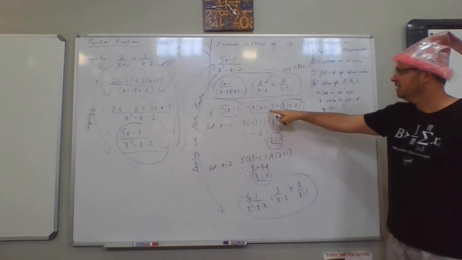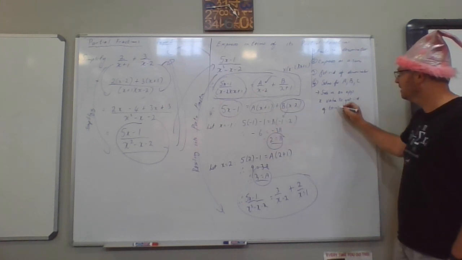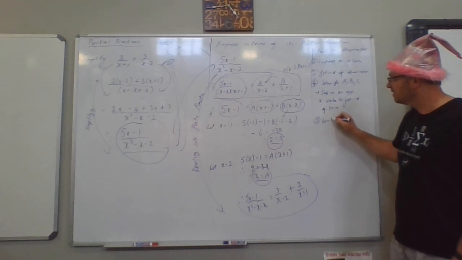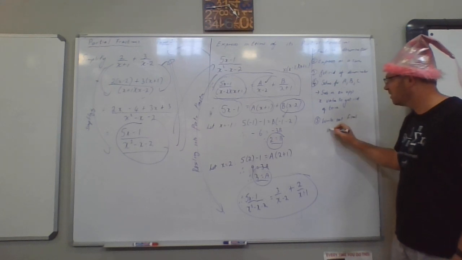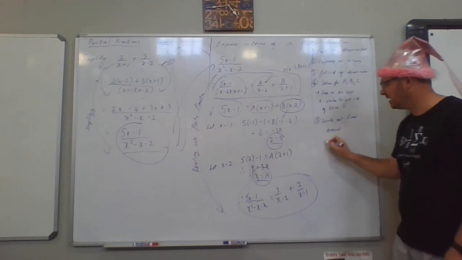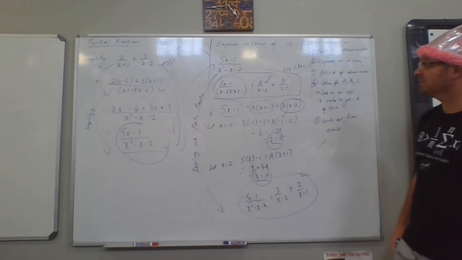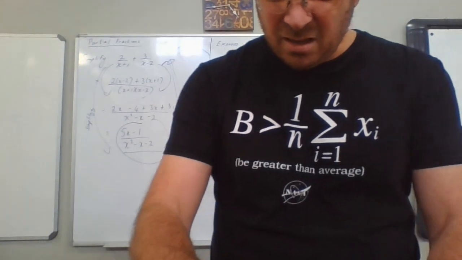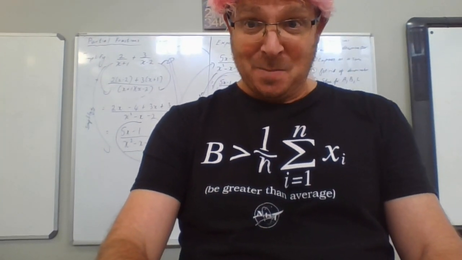So we subbed in -1 to get rid of the A, and we subbed in 2 to get rid of the B, and that helped us to solve. And don't forget to write out your final answer. Write out that final last step, otherwise you'll get penalized for that. Right, so there is your first partial fraction sum.